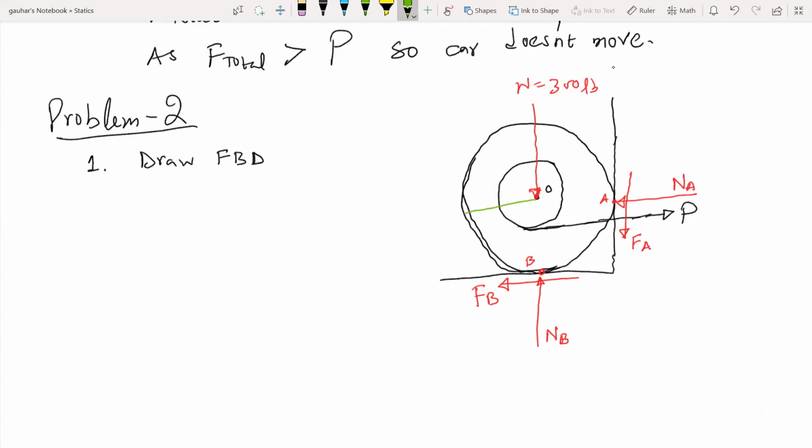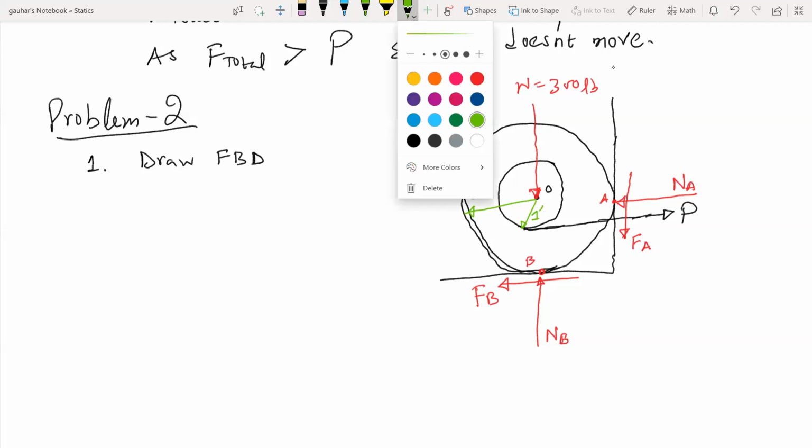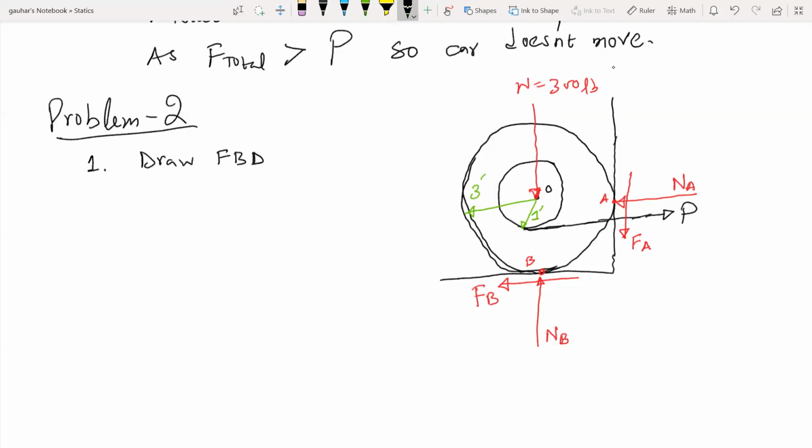So this guy is 3 feet and this guy is 1 feet. Okay, so with this we are done with the free body diagram. Now let's see how many unknowns do we have in this free body diagram. NA, NB, FA, FB, and P. So we have 5 unknowns, right?